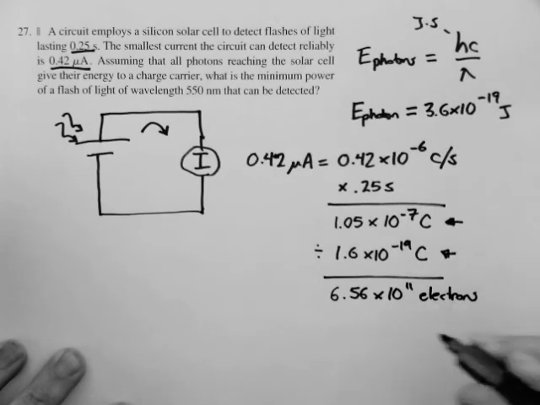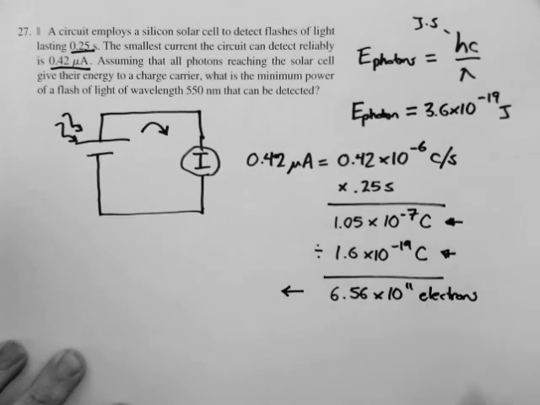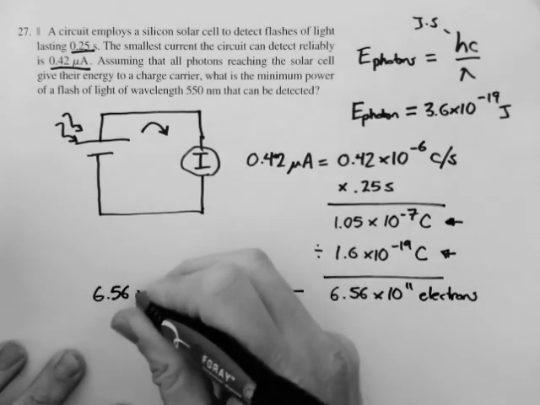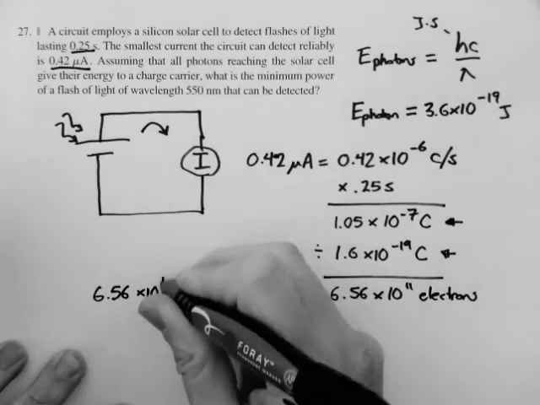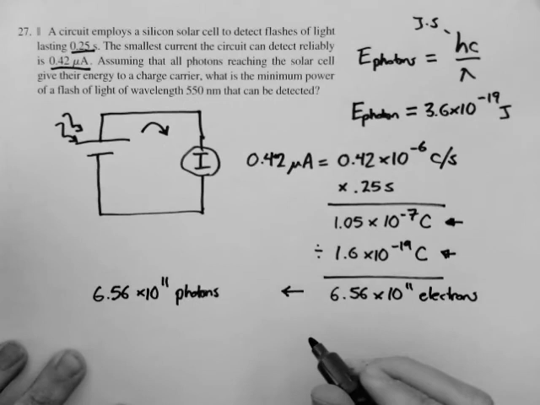Okay? Well, of course, we're told that each electron arises from one photon. So that tells me I've got 6.56 times 10 to the 11th photons. That's how many photons are in the flash of light.